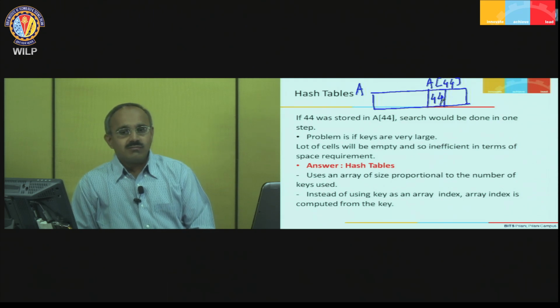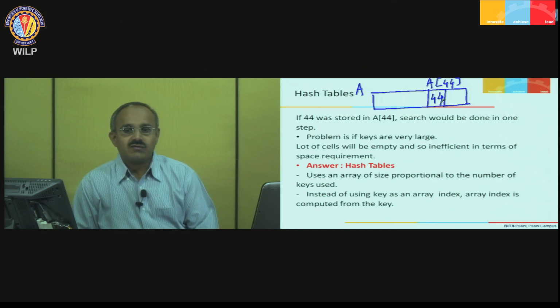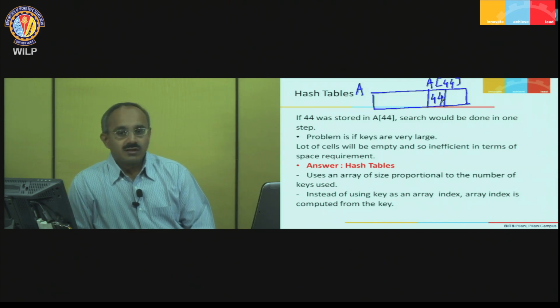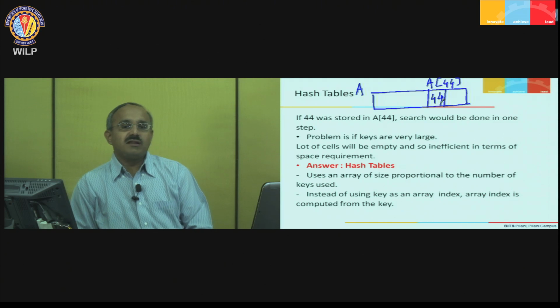One can overcome this problem of storage space by using what are called hash tables. Hash tables are basically based on arrays. The only thing is the array size is proportional to the number of keys that we are going to use.